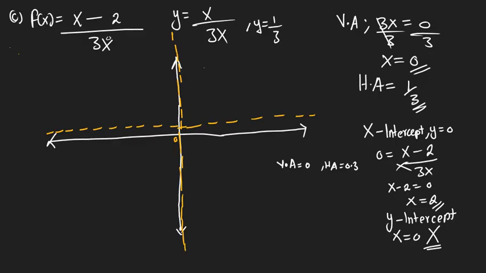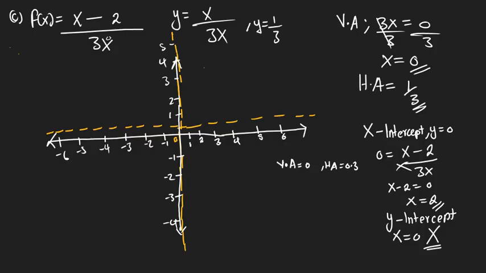So we can put in some numbers to guide us on the axes: 1, 2, 3, 4, 5, 6, and negative 1, negative 2, negative 3, negative 4, negative 5, negative 6.